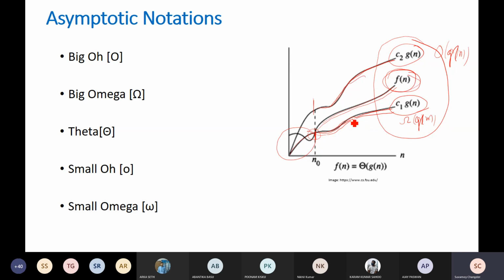If both are defined by g(n), then we can say that this is theta of g(n). So this is the concept of asymptotic notation.